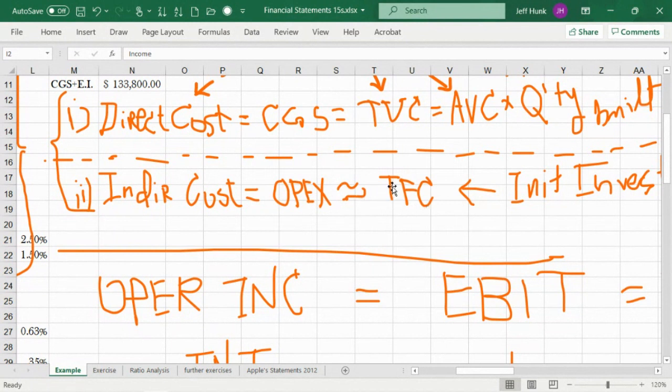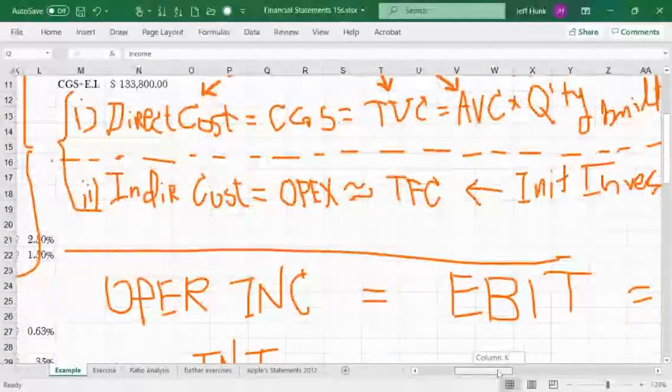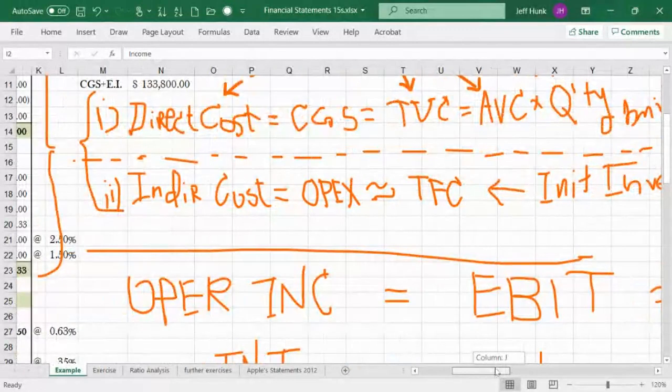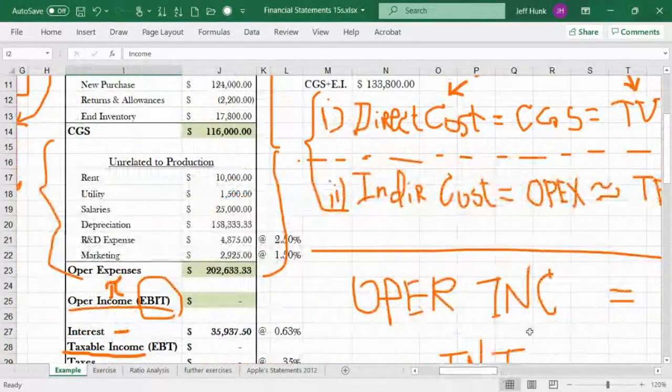So I said it's only roughly equivalent to each other. I'm going to come back to why. It's not exactly the same thing. But let's get back to the big picture of the income statement.